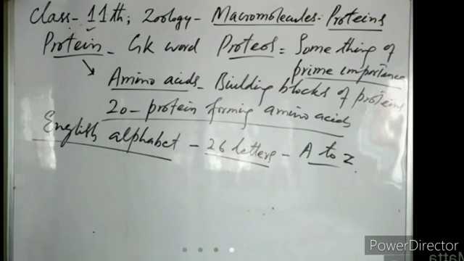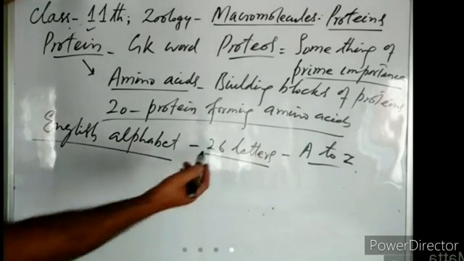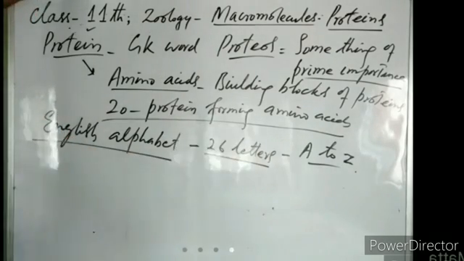But how many words are there in the English language? Can you tell me? There are thousands of words, right? Those thousands of words of the English language are basically formed from these 26 letters.